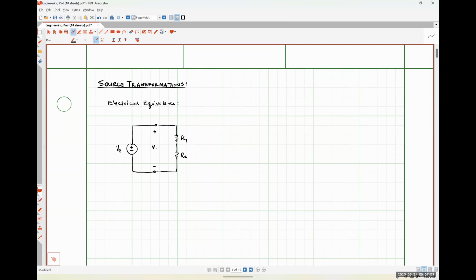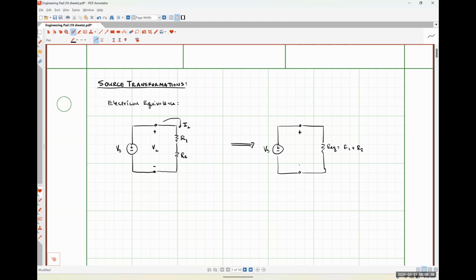If we measured the voltage drop across this network and the current flowing through this network, which I'm going to call IL, we could say that the following network is electrically equivalent, where this would just be that same voltage source Vs in series with a single resistance Req, whose value was simply R1 plus R2.